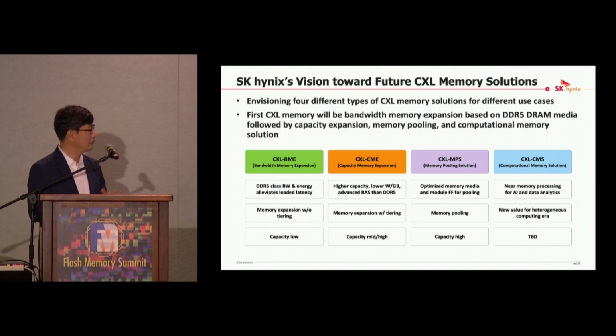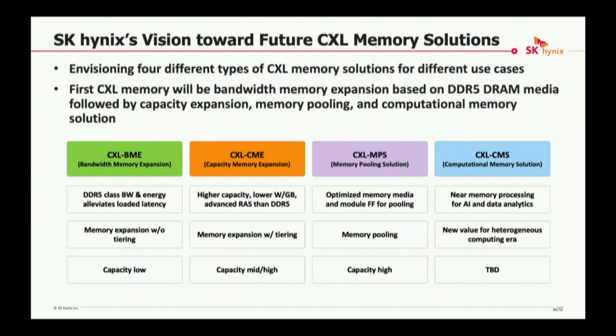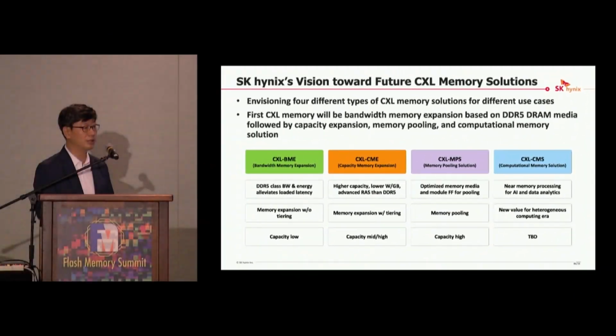And finally, regarding CMS, with growth in AI and data analytics applications, we believe that CMS can be another differentiating product, which is actually, I would say, closer to an accelerator than a memory. So by providing so many different solutions, we hope that this will contribute to building the future ecosystem of CXL.